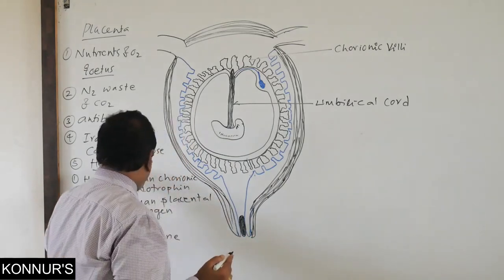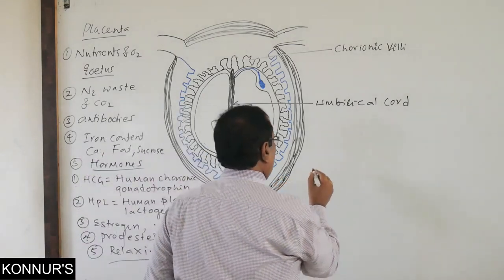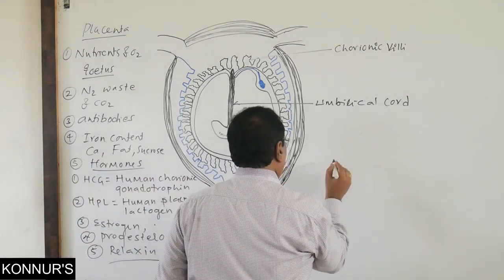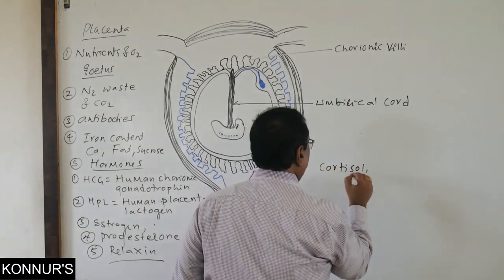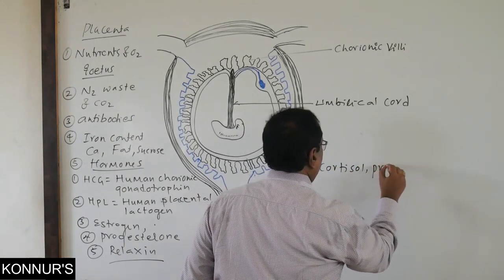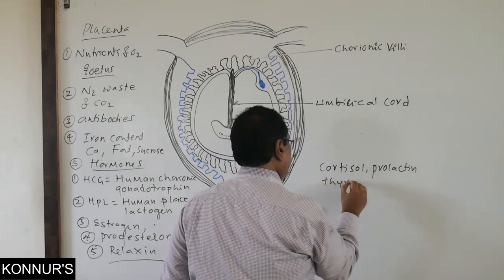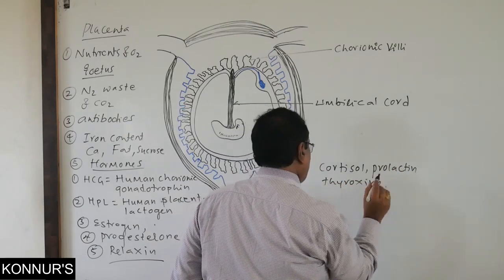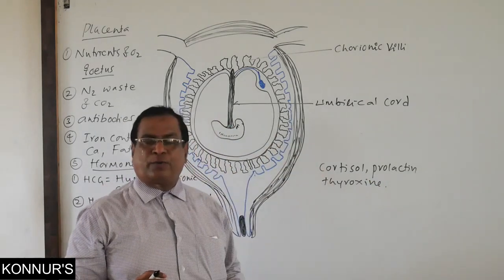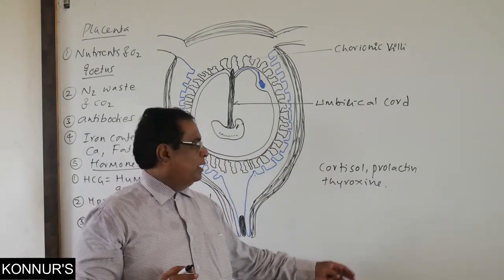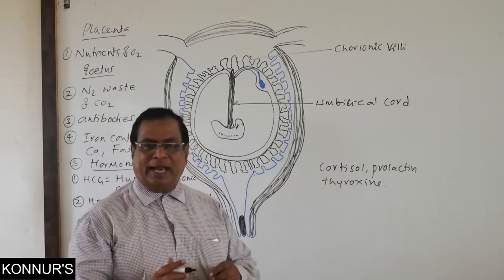In addition to these hormones of placenta, even other hormones like cortisol, prolactin, thyroxine should be there. This cortisol is produced from adrenal gland, prolactin from pituitary, and thyroxine from thyroid gland.